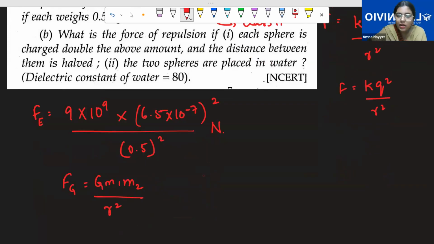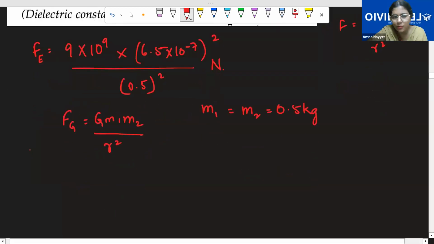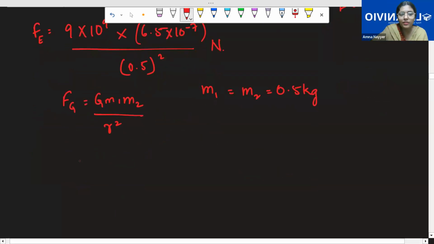So mass is already given, M1 is equal to M2, that is given as 0.5 kg. Radius is already given. G is already a constant, which you know 6.67, but many times people round it off. Anyways, calculations you can perform later, otherwise it will take a lot of time.